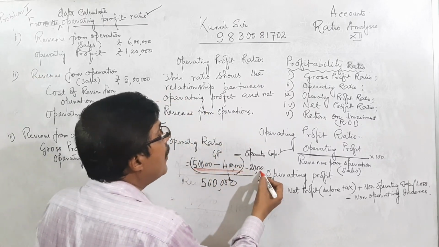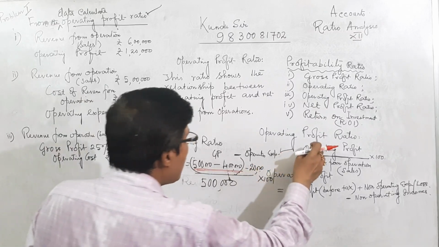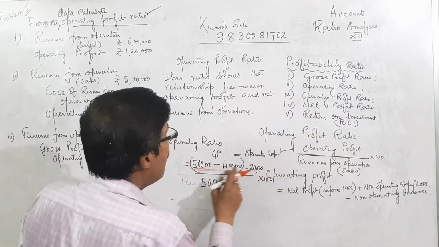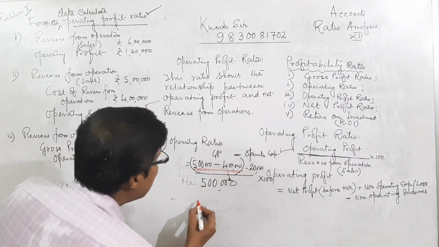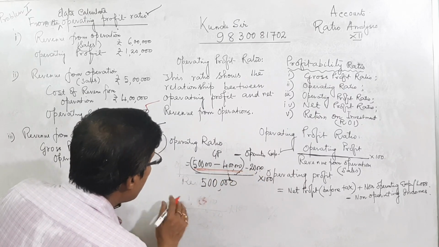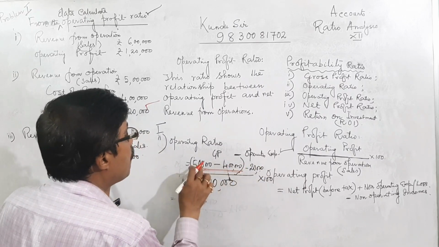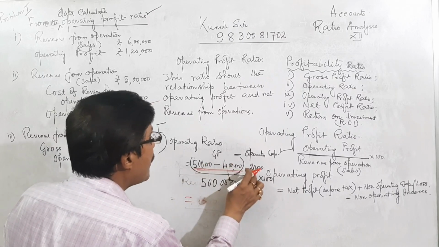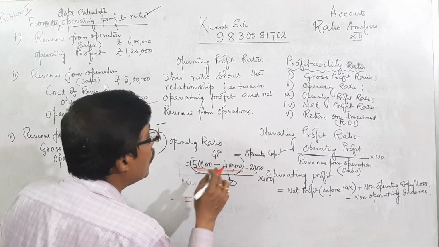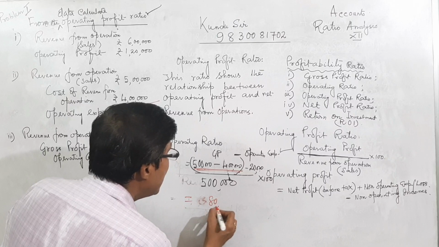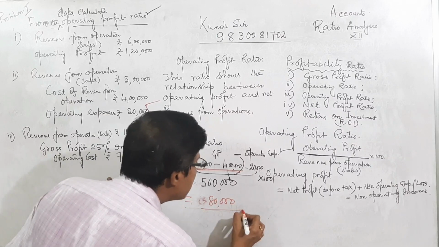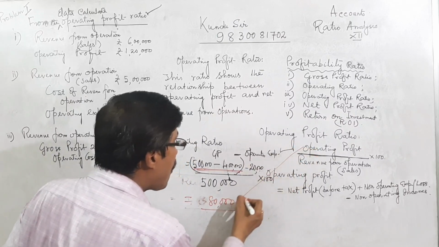Then we will get operating profit, that is 4,20,000 subtracted from 5 lakh, equal to 80,000. 80,000 is operating profit.